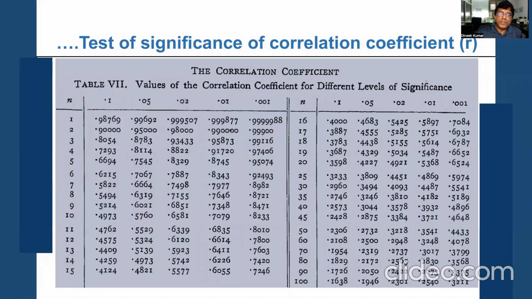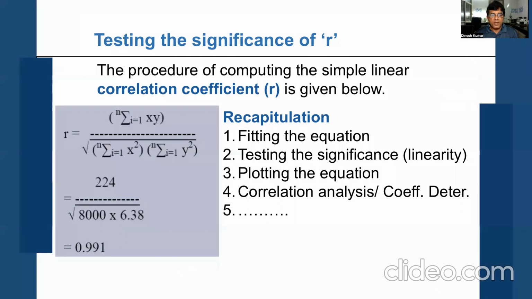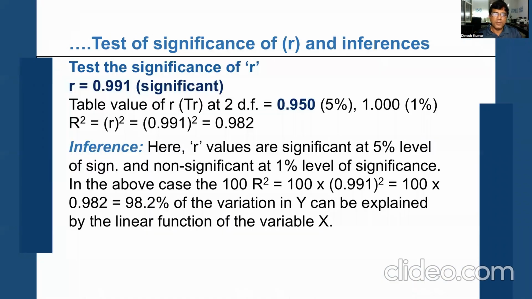If the correlation coefficient is significant at 5%, you can put 1 star on the correlation coefficient. If it is significant at 1%, you can put 2 stars. So this is how it was with your 0.991, and you can see the table value of r, and see the significance of the correlation coefficient by this method also, or by the t-test.